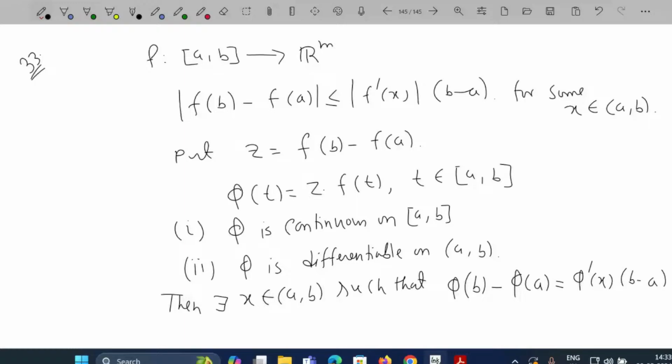Now what is phi dash x? Look at that exercise: phi dash t is z dot f dash t. So this will be z dot f dash x into b minus a. This is an inner product over there. Let's say this is 1. But what is phi of b minus phi of a?